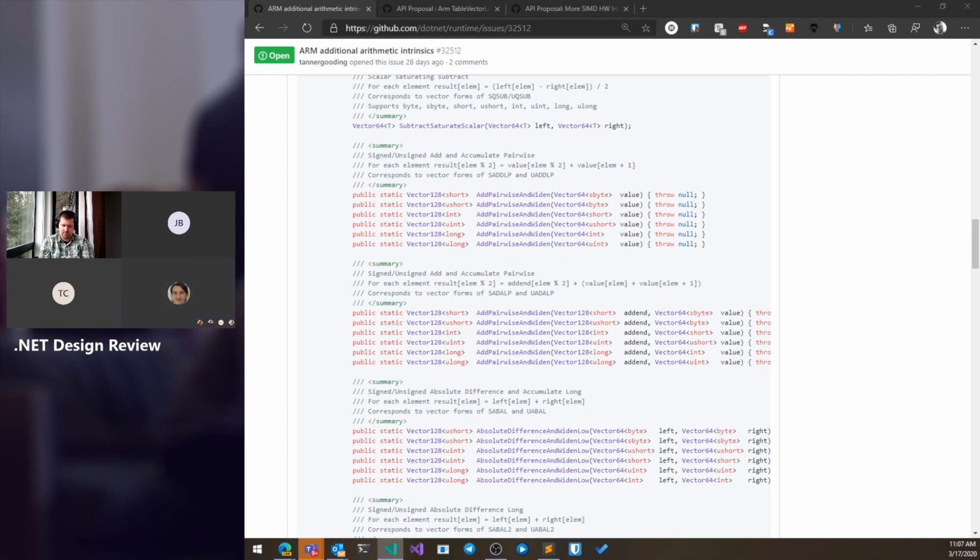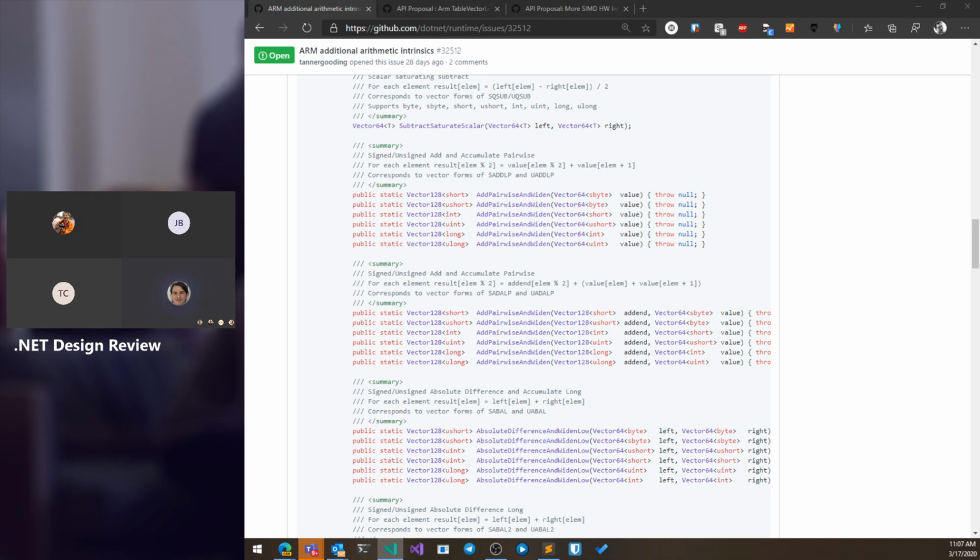And this is another one where the factor 64 should be 128, I think. Yeah, that would be the other case. Sorry, the absolute difference and wide and lower should take vector 128 only?